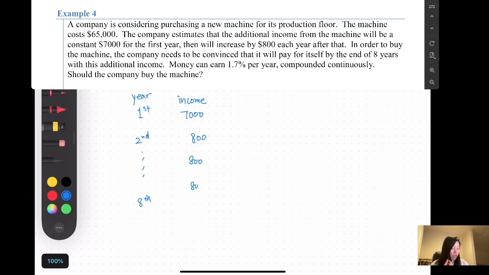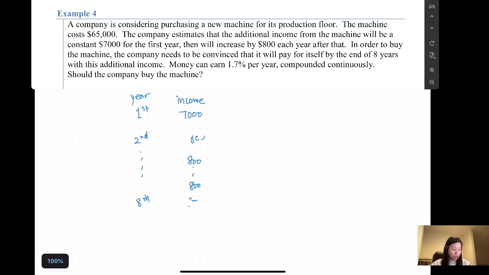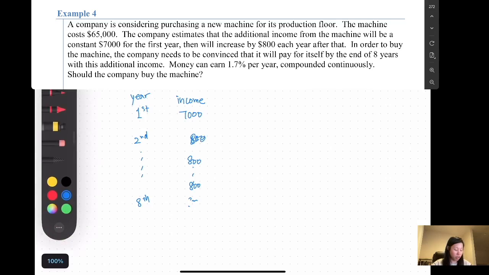So now how can I use a function to represent these changes? The first year the income function is going to be different from the rest of the 7 years. Starting from the second year, the income is going to increase 800 each year. So the income function is going to be a linear function and the rate of change is going to be 800, right?